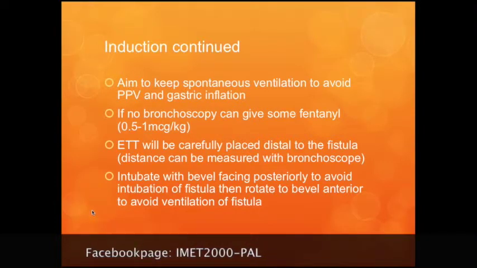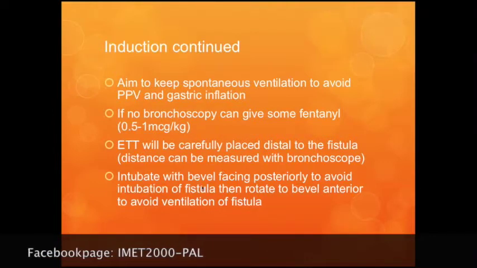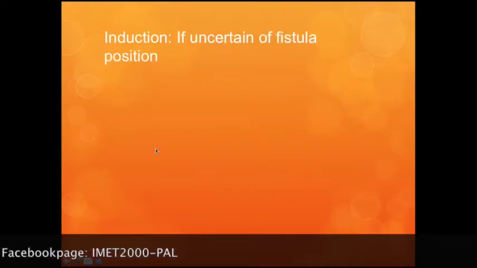So you want the sharp tip of the tube facing posteriorly initially, so that you don't intubate the fistula, and then you rotate it so the hole is anterior to avoid ventilating the fistula, because the fistula is always going to be posterior, as the esophagus is behind the trachea. So when you ventilate down that hole, you want to be ventilating anteriorly. This is all what the books say, theoretical, and I don't know how much it matters, but certainly intubating the fistula would be a bit of a disaster.